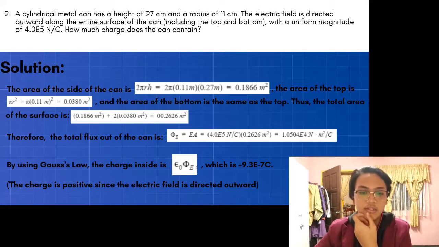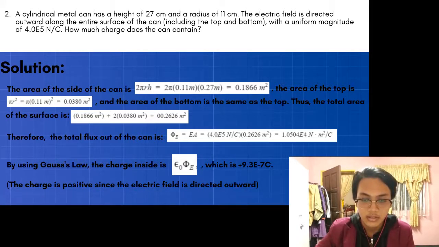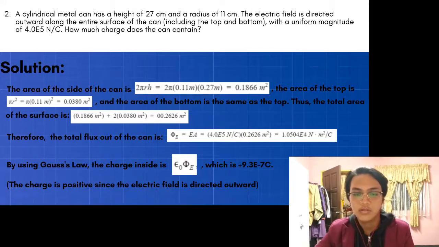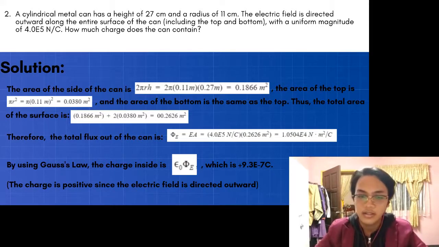We have the E, which is 4 exponent 5, and the total surface area, which is 0.2626 meter squared. That will yield us a total flux of 1.0504 exponent 4 newton meter squared per coulomb. So that is the total flux out of the can.